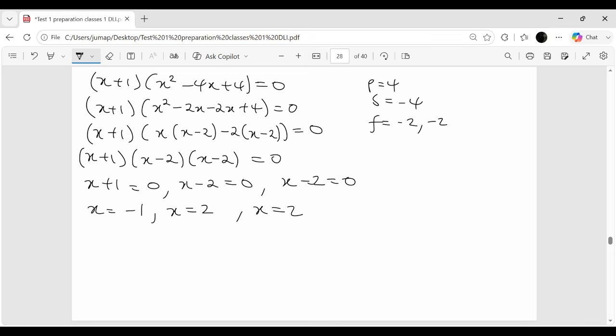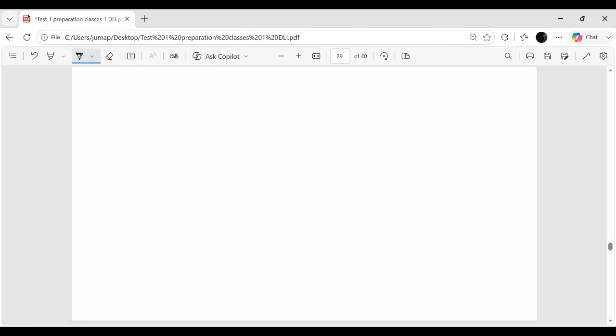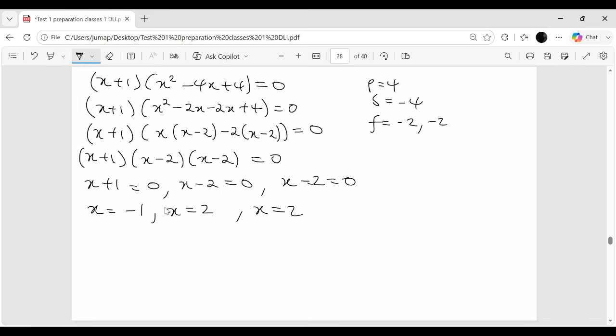When you're sketching this one, we've already found the intercepts, because mind you, these are just intercepts. So this is negative 1 comma 0, and then also we have 2 comma 0, and this is again 2 comma 0. This point again looks like it's touching after it moves.